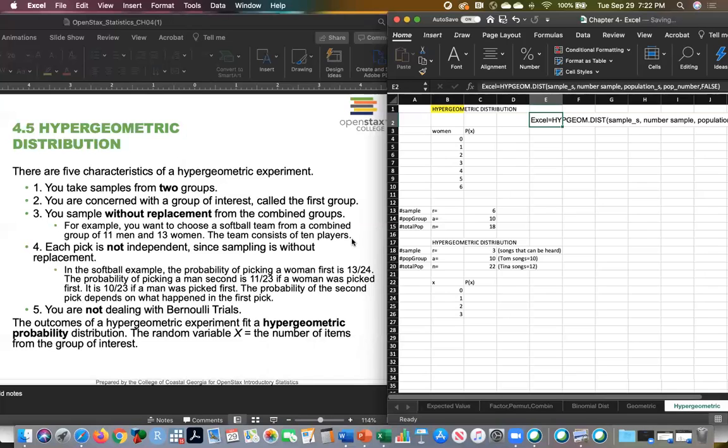So you have men and women. You want to form a group combining men and women, and you might ask, what is the probability that 1 woman, 2 women, 3 women are going to be part of that team? So you are taking samples from 2 different groups. You are concerned with a group of interest called the first group.